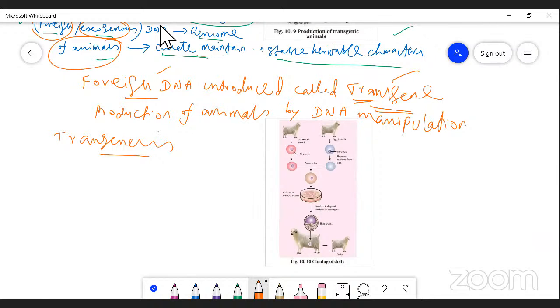Introduction of foreign DNA and the production of animals, that process is called transgenesis. Transgenesis also gives genetically modified organisms. The other name of transgenic is genetically modified organism.